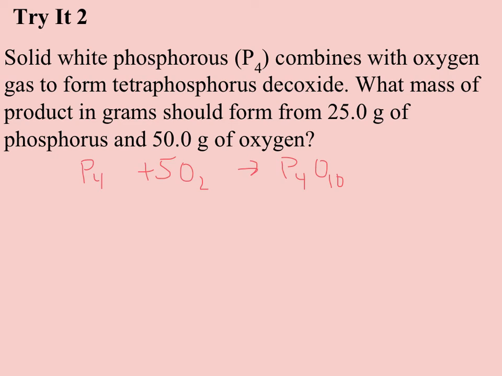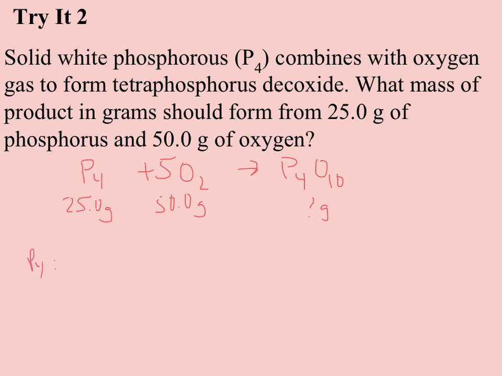So what mass of product in grams should form from 25 grams of phosphorus? When you have these zeros here, it's up to you if you want to carry them along. They're really just to let you know how many significant digits you should be carrying over. So 3 is what I'm starting with. So now to find this out, I need to start out by taking my P4.